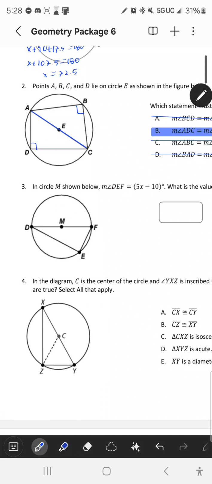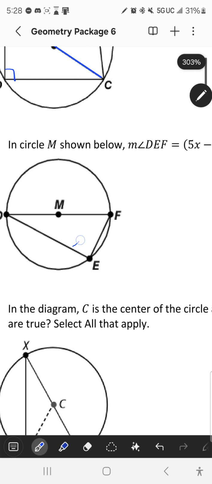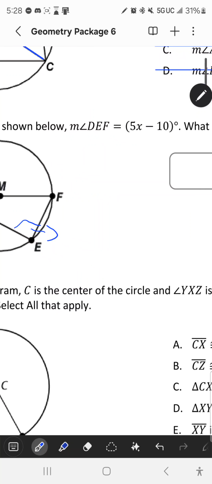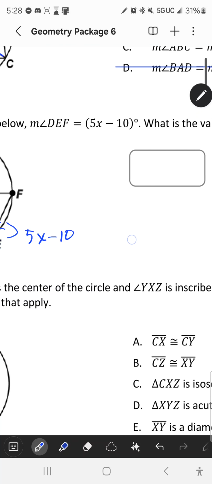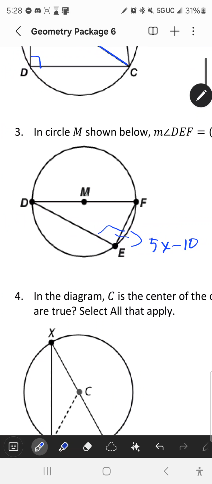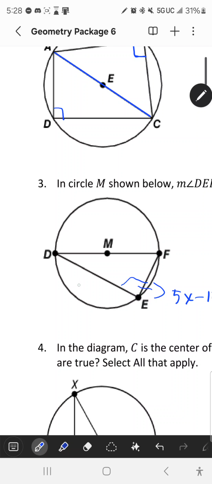Now, in circle M shown below, the measure of arc EF is 5x minus 10. What is the value of x? We know this is the diameter because it's going from one side of the circle to the other.